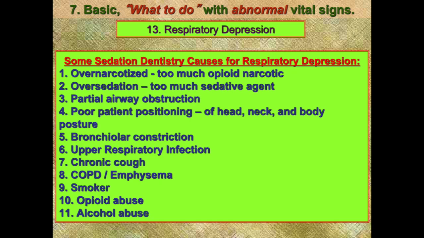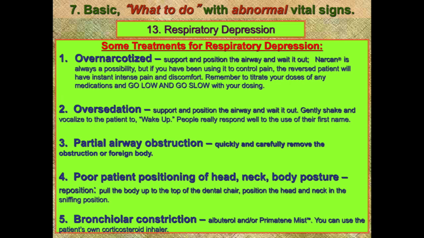It can really depress their respirations. Chronic cough, the COPD or chronic obstructive pulmonary disease, the emphysema patient, the smoker, opioid abuser, alcohol abuser can have respiratory depression. And here are the treatments for respiratory depression.